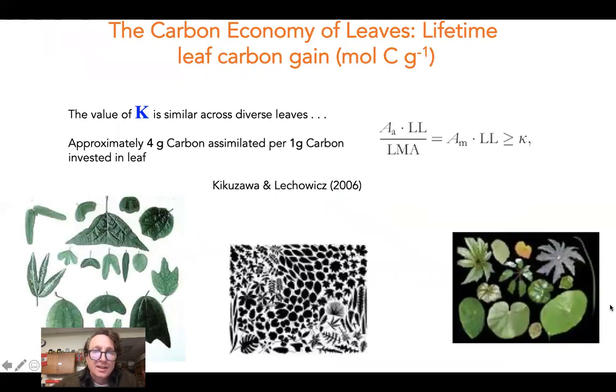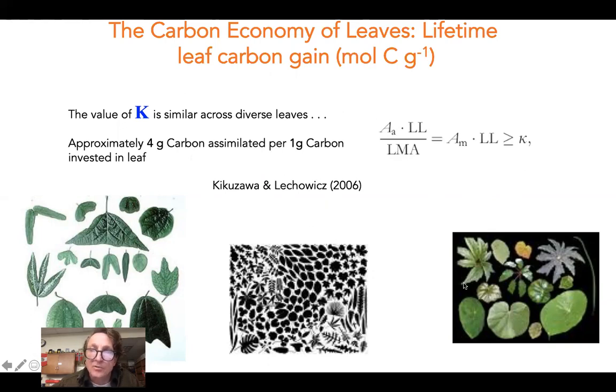And so what's interesting is that it turns out that across all these different leaves across the globe, the value of this minimum carbon gain is very similar. And it turns out that for every 4 grams of carbon that's assimilated per 1 gram of carbon invested in leaf, this is an approximately constant amount for all leaves.